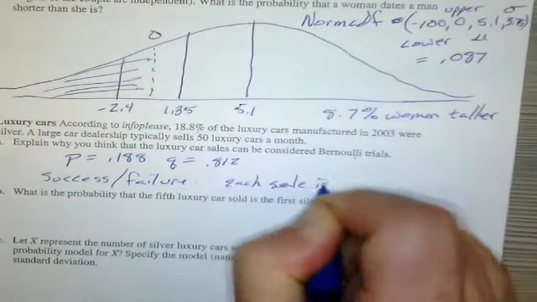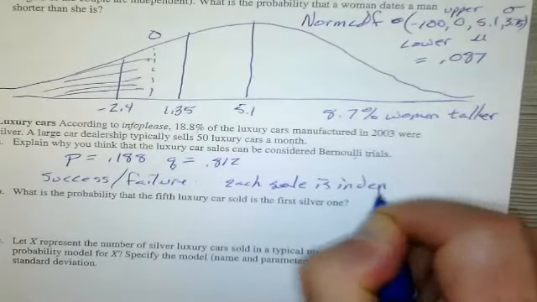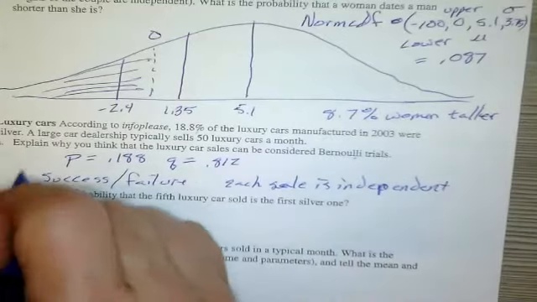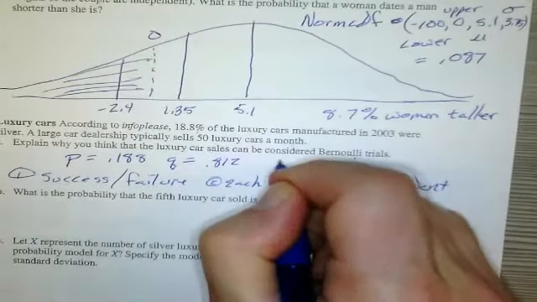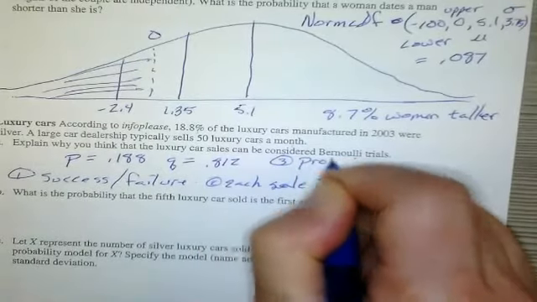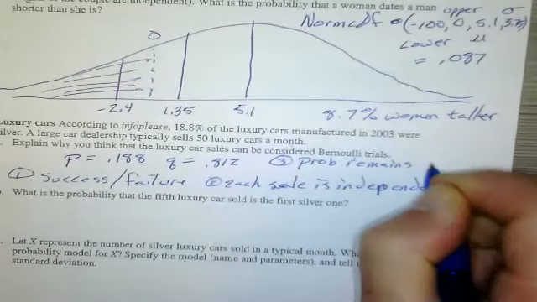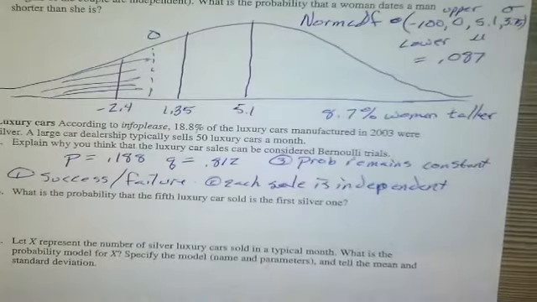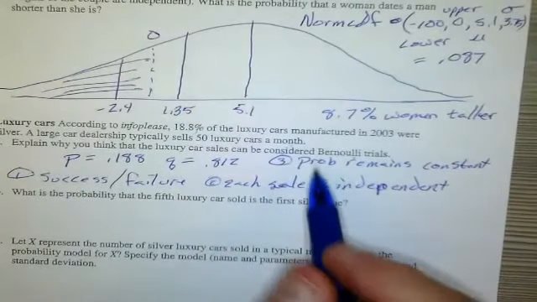And third but not least, the probability remains constant. So 1, 2, and 3. These three things are Bernoulli trials.